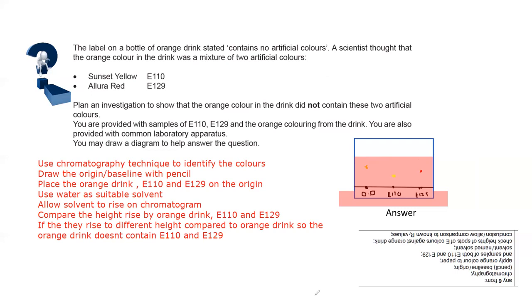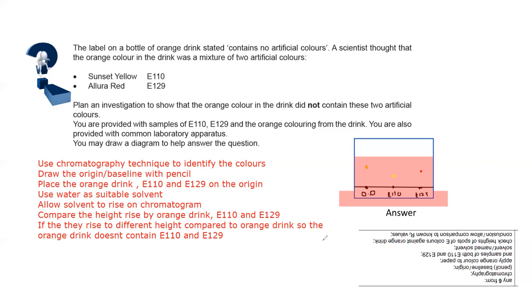Yes, Abdullah Sarfraz, what's your question? Using different solvents will affect the distance traveled. Yeah, using a different solvent will affect the distance traveled. Normally we use water as a solvent, but if it is insoluble in water, you can mention alcohol. So better just remember two names.